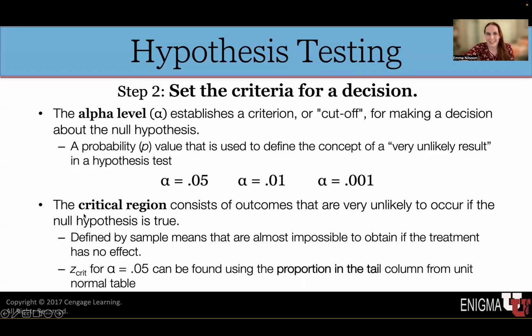And we'll get more into this in a second, but the critical region is going to, on the outside, consist of outcomes that are very unlikely to occur if the null hypothesis is true.